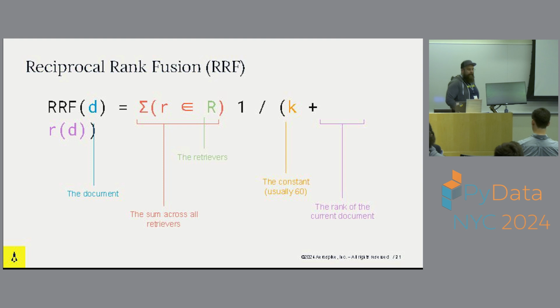Enter reciprocal rank fusion. More math, right? This is super fast because all we're doing is using this reciprocal rank fusion function to take the rank of every document within its own retriever, so the rank of the vector documents and the rank of the keyword documents.